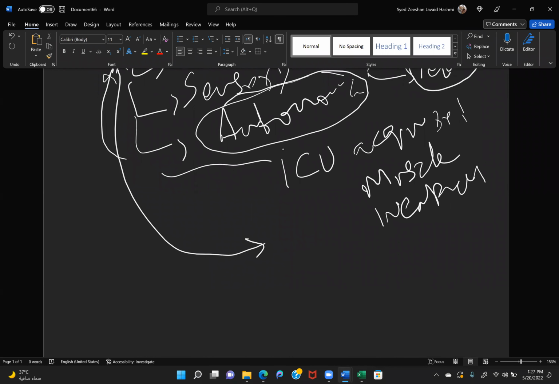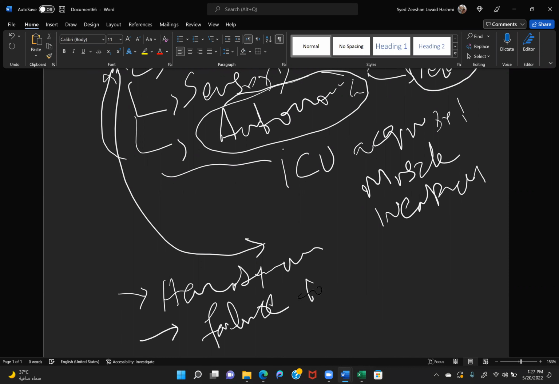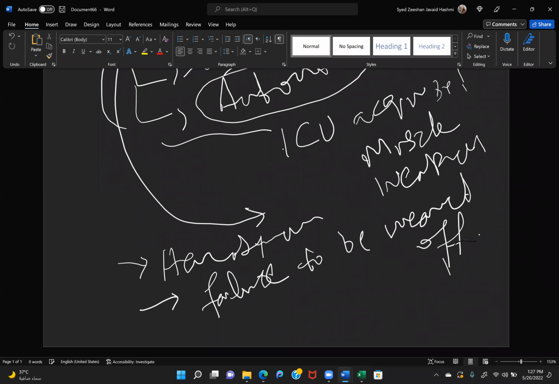Autonomic will be in the form of hemodynamics, and motor will be in the form of failure to be weaned off.